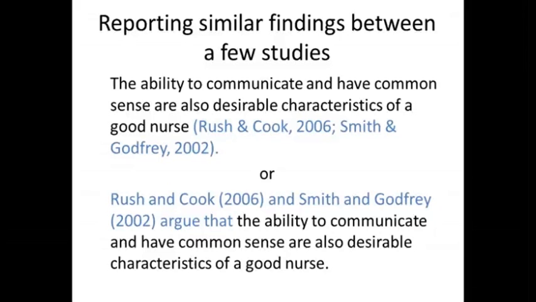You may list those sources in brackets or parentheses at the end of that statement or at the beginning of the statement. In this case, you will have several ands, not ampersands. You'll have several ands and a verb, in this case, argue. Argue that the ability to communicate and have common sense are desirable characteristics.